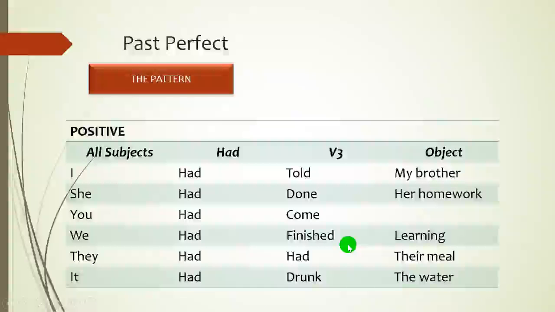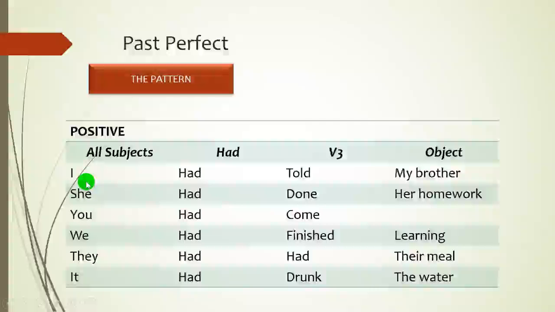Now let's see the pattern. We have, of course, the positive pattern. Here I put it in bold: all subjects, had, verb 3, and object. All of this means the pattern of the past perfect. If you pay attention here, all subjects over here means all other subjects.